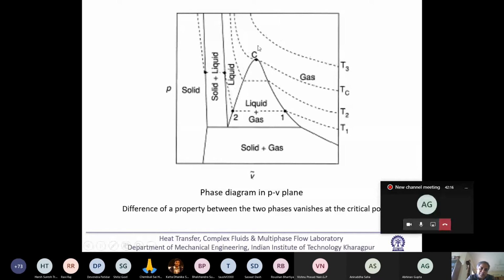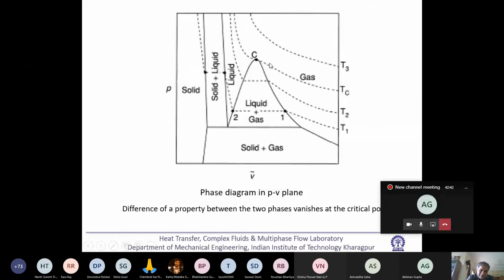So this is the critical pressure. Somewhere here my curve will go, and then there is a pump which is raising the pressure from here to here, here to here. Somehow I have to reach this pressure curve or a pressure curve above this, and after that it will remain constant.